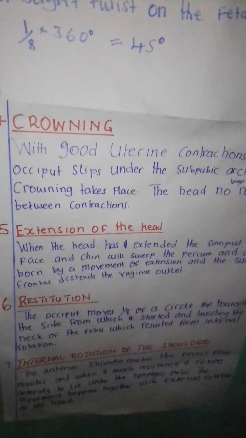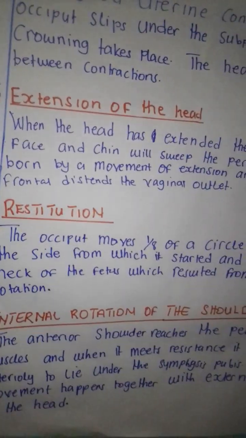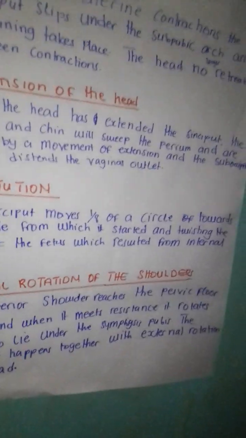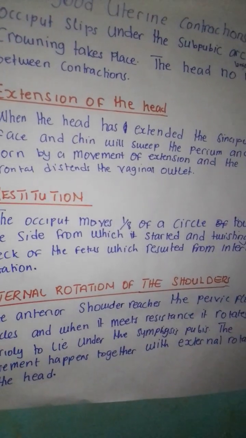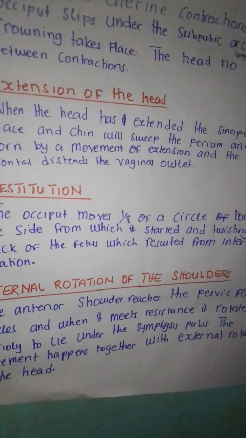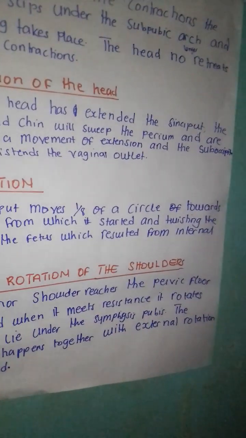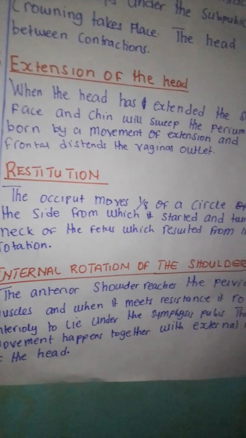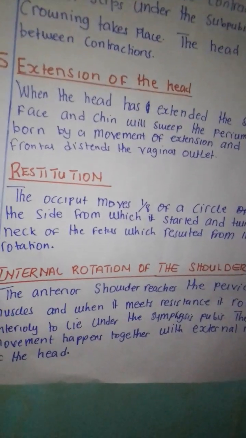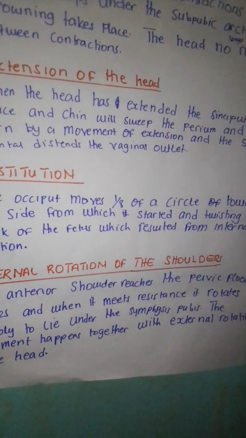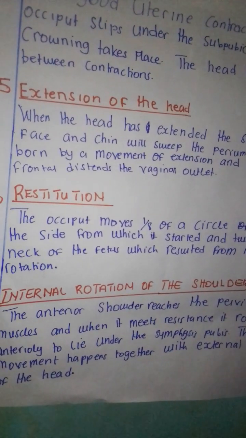Then we have restitution, number six. In restitution, the occiput moves 1/8 of a circle towards the side from which it started and untwists the neck of the fetus, which resulted from internal rotation.